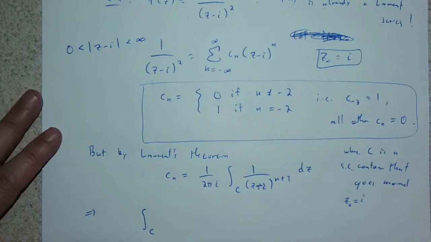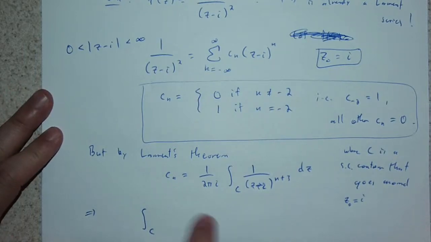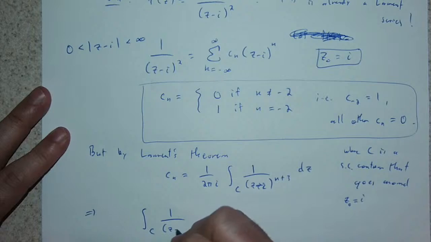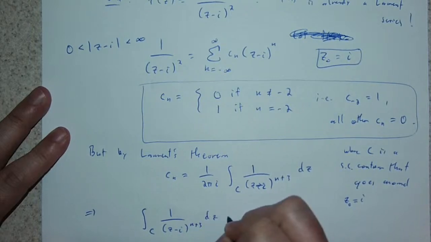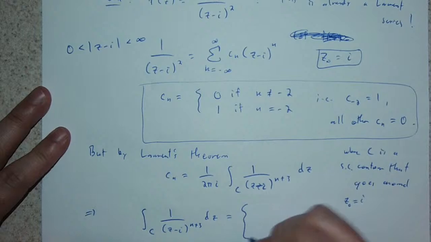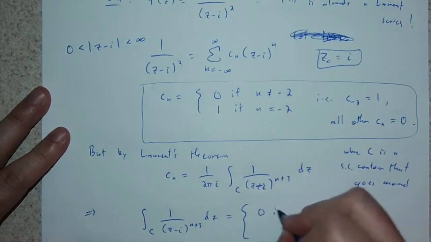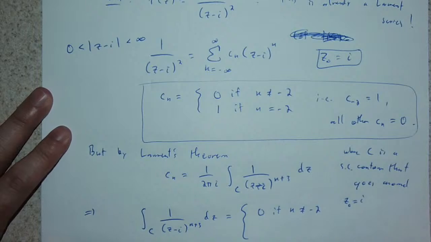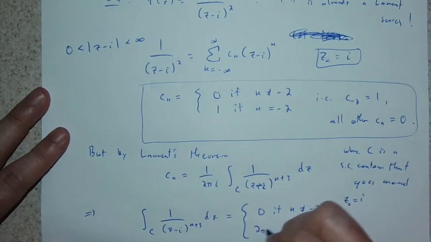So then this contour integral now, using Laurent's theorem backwards, is the contour integral over c of (z minus i) to the n plus 3 dz. This is equal to 0 if n is not equal to minus 2, and it is equal to 2 pi i when n is equal to minus 2.